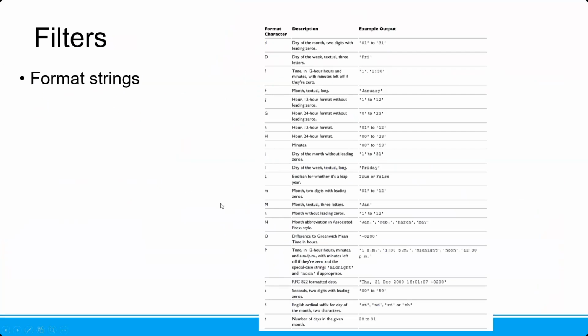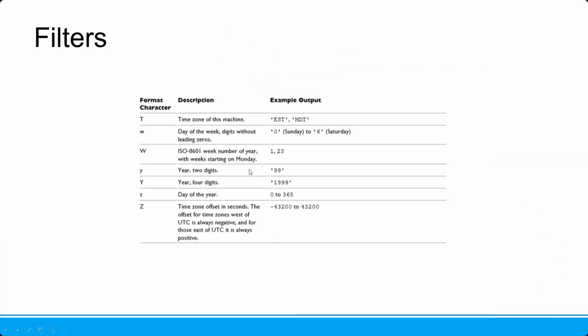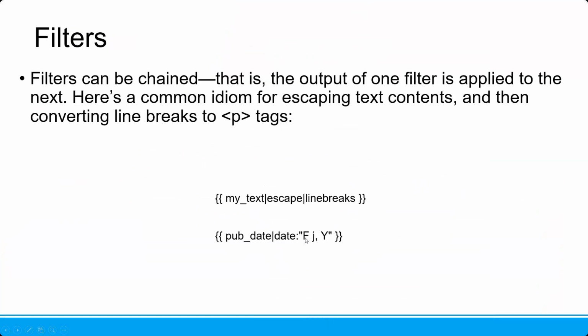Oh, okay. There is no Y here. I put it in the next space. So Y is year with 4 digits. If we use the small y, then it is year with 2 digits. Then the format of the date will be month, day, comma, year.